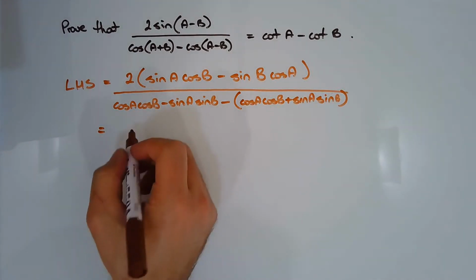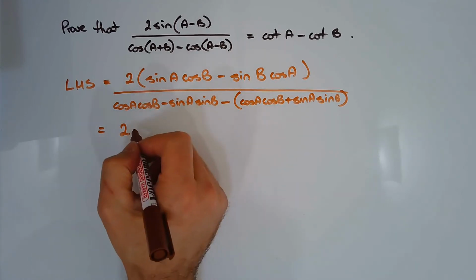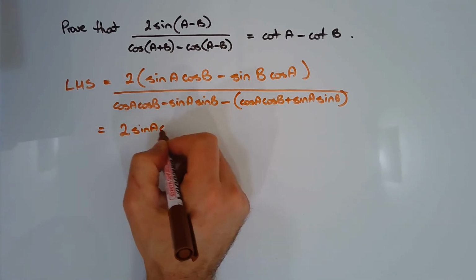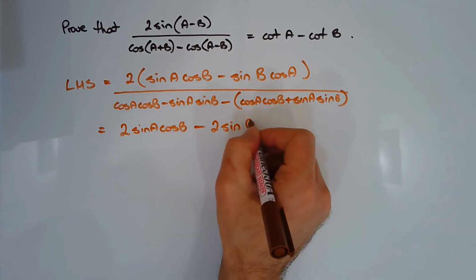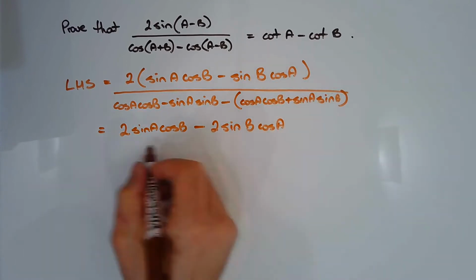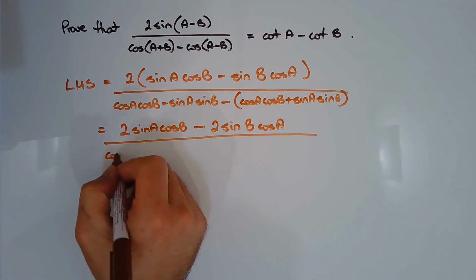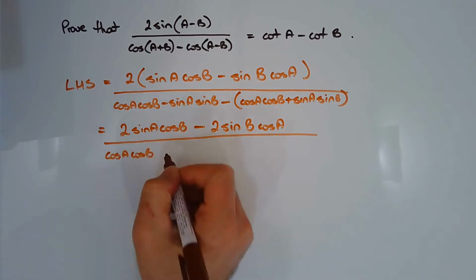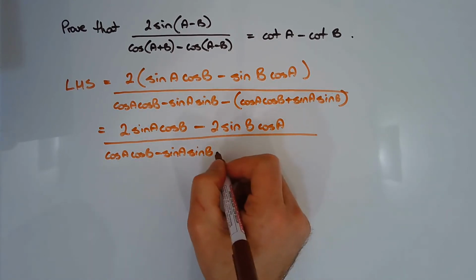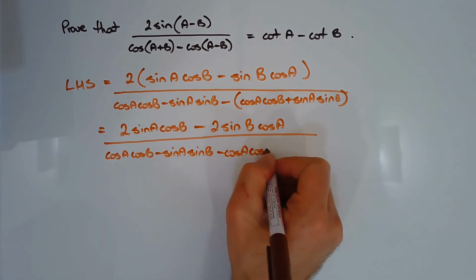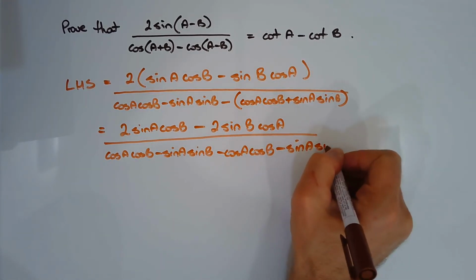Let's expand the brackets now in total, so hopefully we'll eliminate them all in one go. We have 2 sine a cos b minus 2 sine b cos a all over cos a cos b minus sine a sine b minus cos a cos b minus sine a sine b.